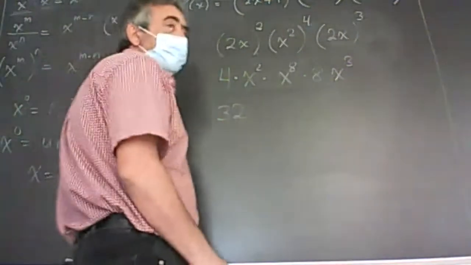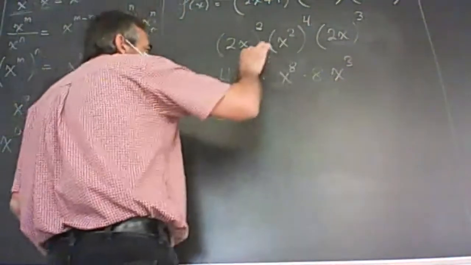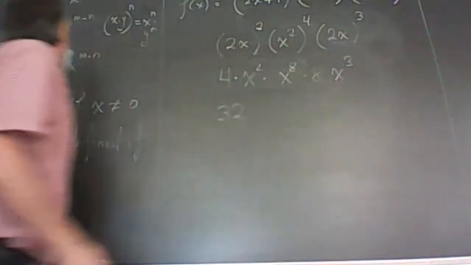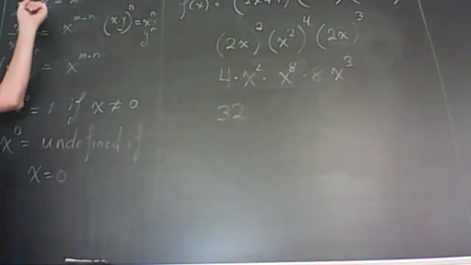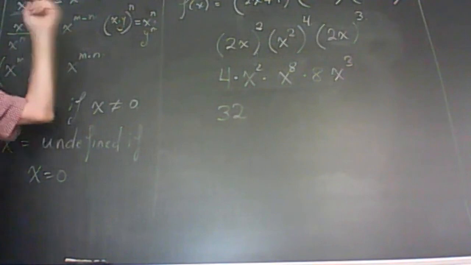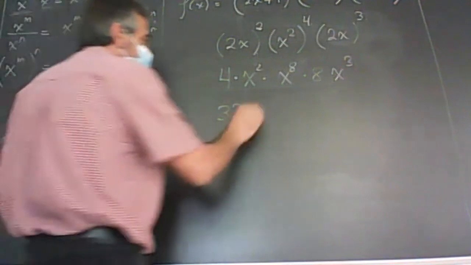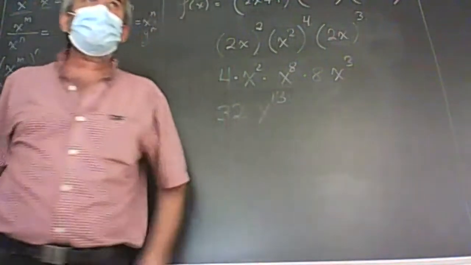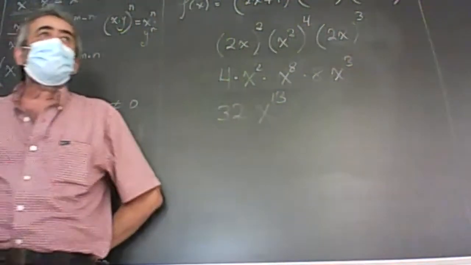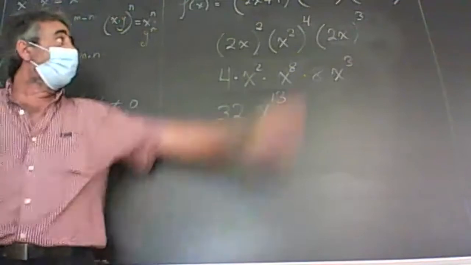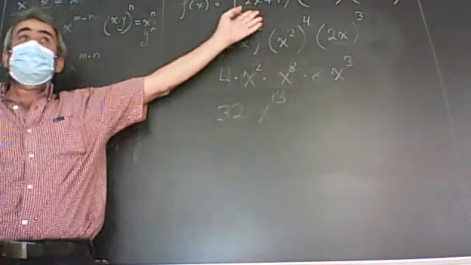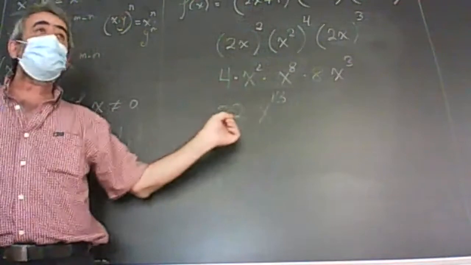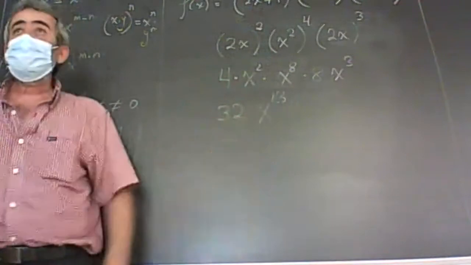And let's multiply the variables. X squared times x to the power 8 times x cubed. So we're going to follow the first rule. So what is the result for all of these? X to the power 13. And therefore, this polynomial given up here is of degree 13 and a leading coefficient of 32.